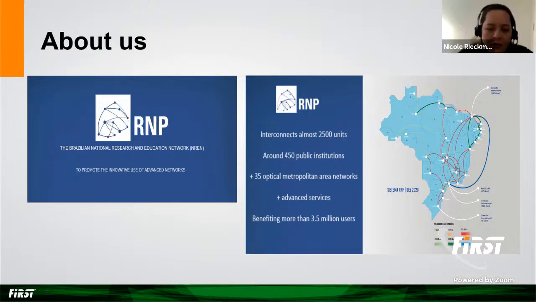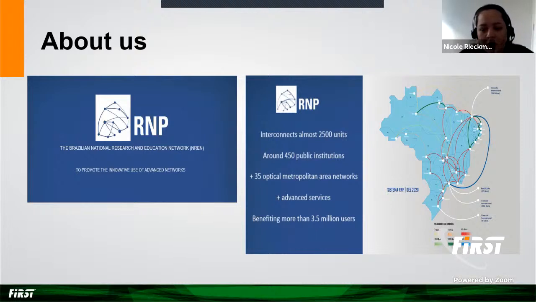RNP is the Brazilian National Research and Education Network, and is the organization that plans, designs, deploys, and operates the academic backbone that provides access to federal and public universities and federal research institutes, some private universities, totalizing almost 2,500 units as academic campus in the entire country.